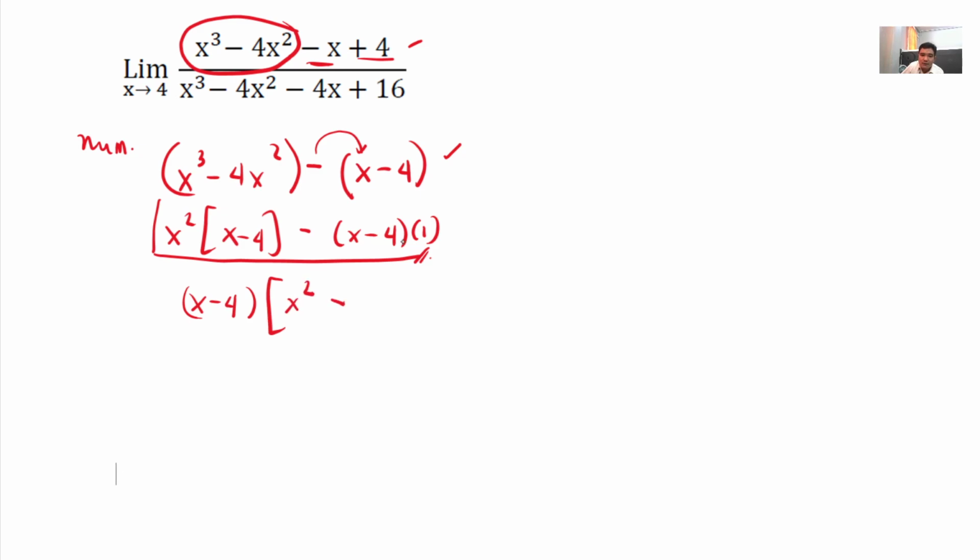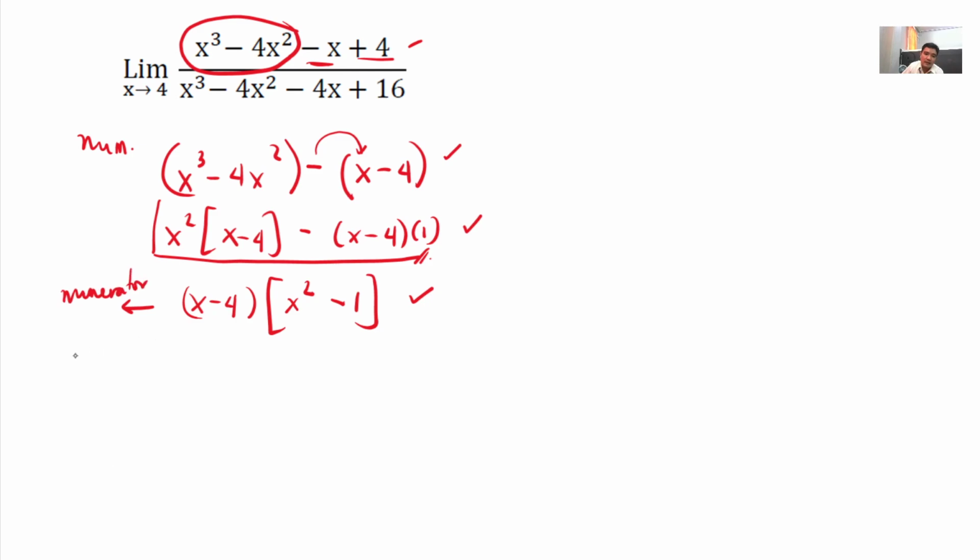Minus x minus 4 times 1 divided by x minus 4, may iwan na 1. Okay? So si numerator mo ay factors ni x minus 4 and x squared minus 1. Okay? This is for your numerator.